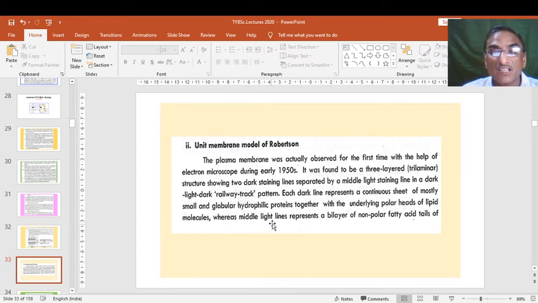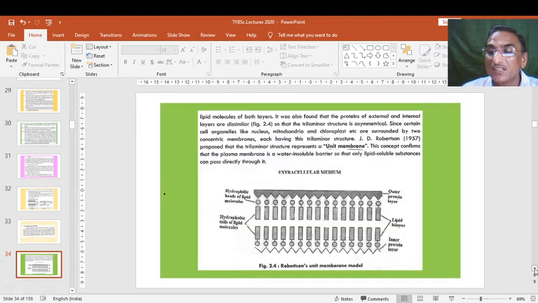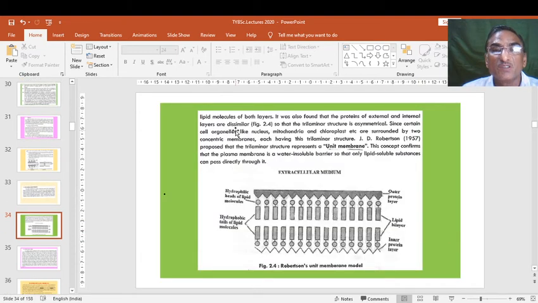Whereas the middle light line represents a bilayer of non-polar fatty acid tails of the lipid molecules of both layers.